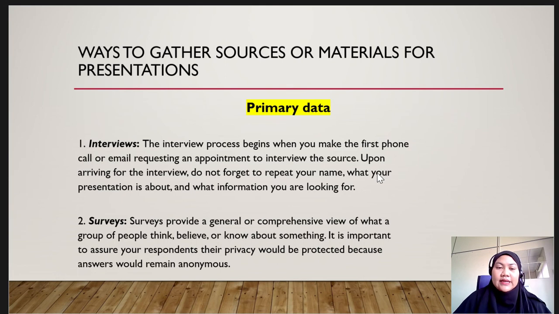And the second part is doing a survey. The aim of a survey is to provide a general or comprehensive view of a group of people, what a group of people think or believe or know about something.